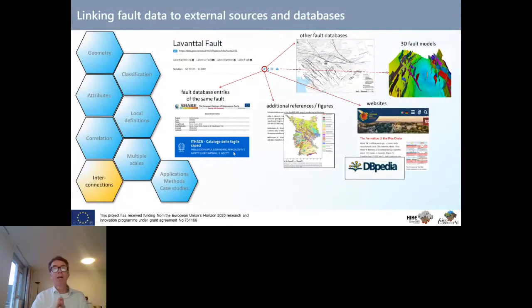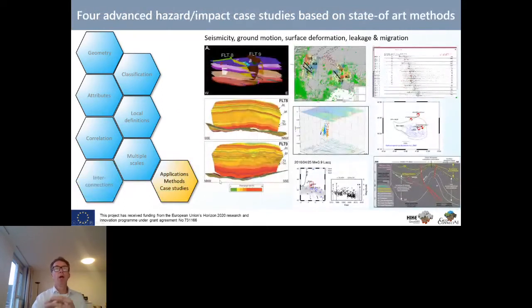We have also been able to interconnect our fault information with other databases, so you can click a fault and directly go to another reference and resource and get more and additional information about the fault. And this is, I think, a very novel and important tool to cross-connect our information.